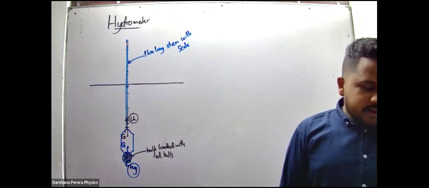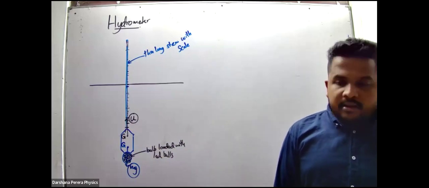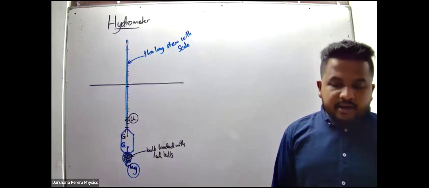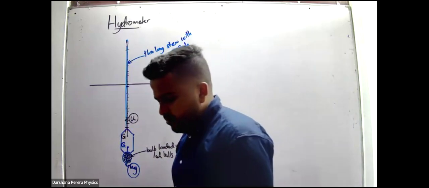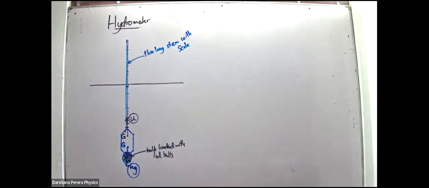Then write down: the hydrometer is in stable equilibrium while floating.